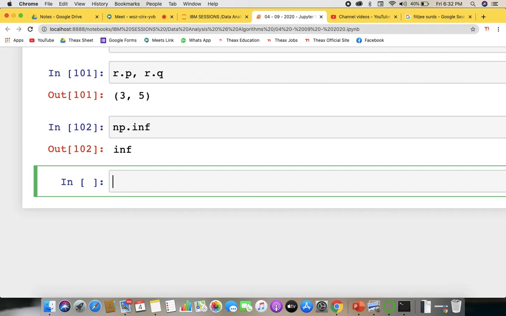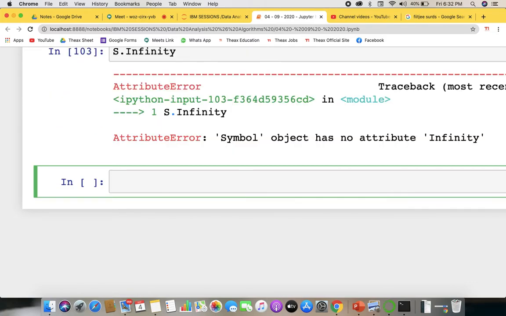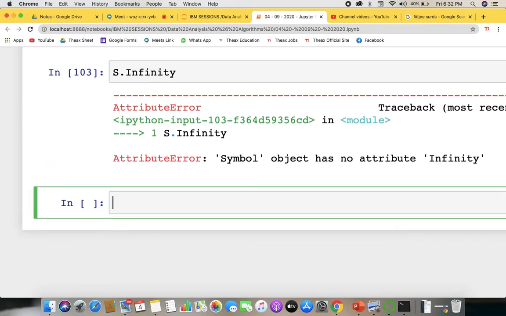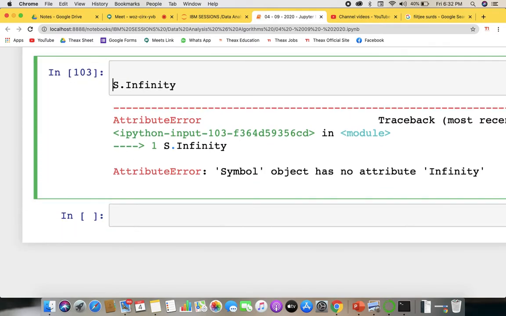Remember or not? Okay. So here how we are going to define it: if I write S dot infinity, Symbol has no attribute infinity. Why? Why am I facing this problem for the last 2 days?